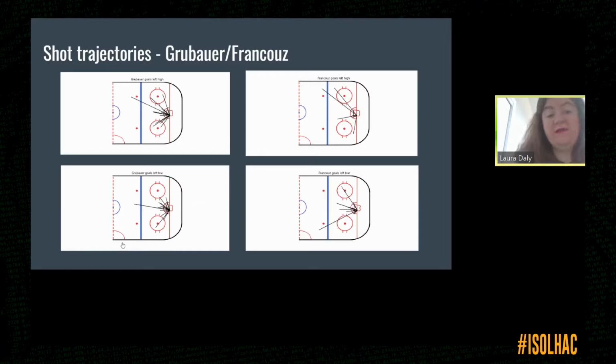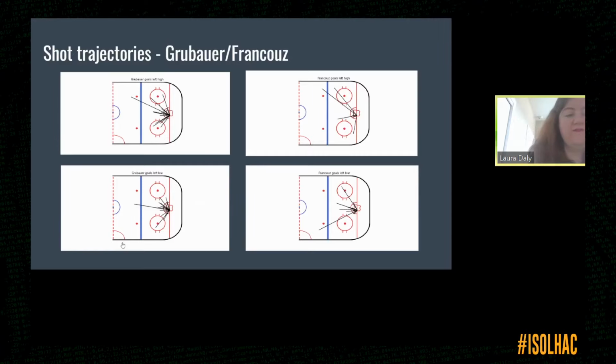The right hand side of the rink shots seem to be in the majority. A lot of the shots in the low side of the net come from the slot area, and high side shots seem to come from further out. They tend to be more of the slap shot type shots.